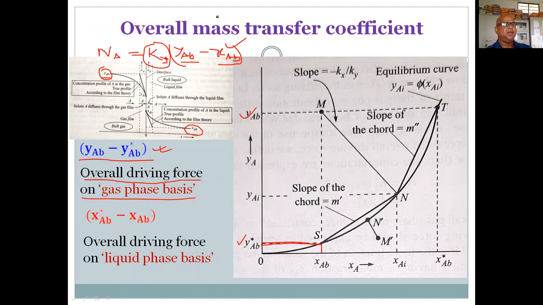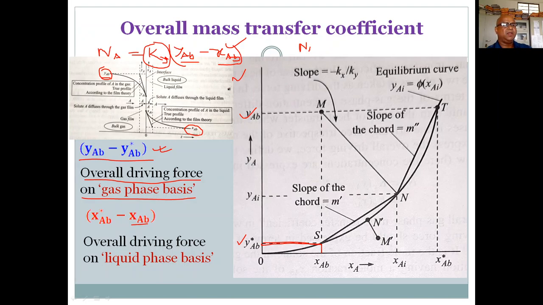Similarly, I can write N_A equals, X_i is known, so N_A based on the liquid phase. So X_AB is there, same. Now I have to convert this in terms of the liquid phase.